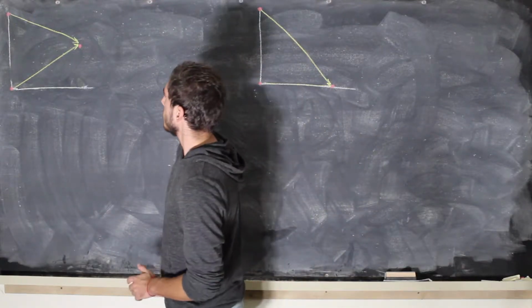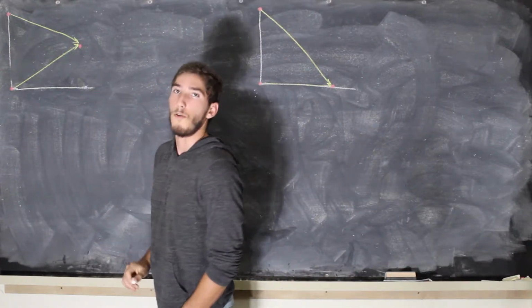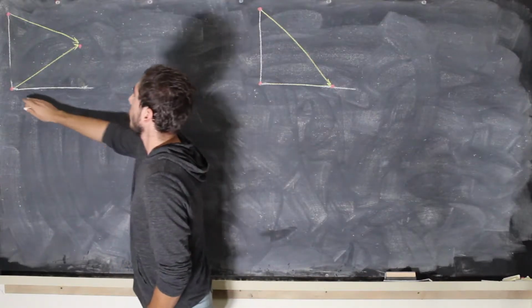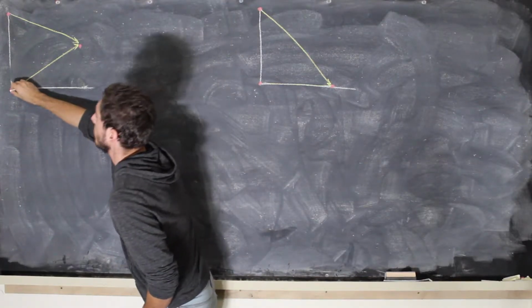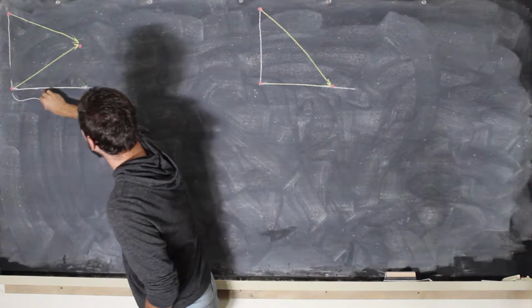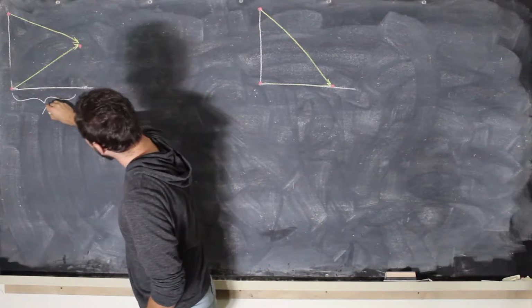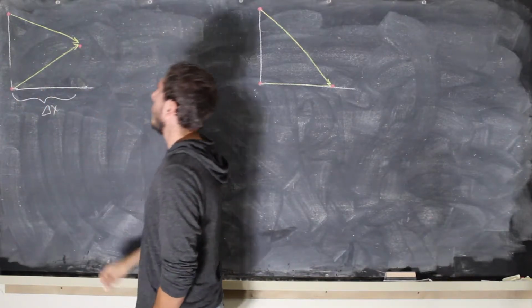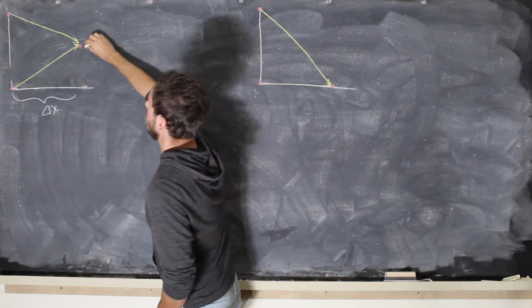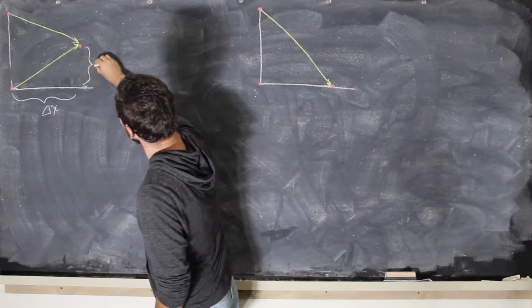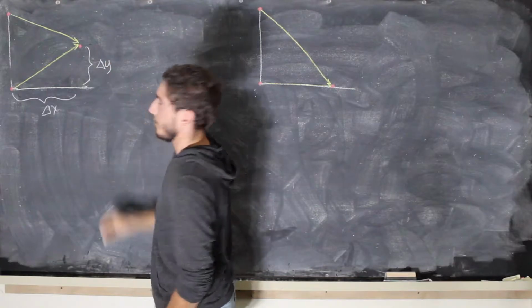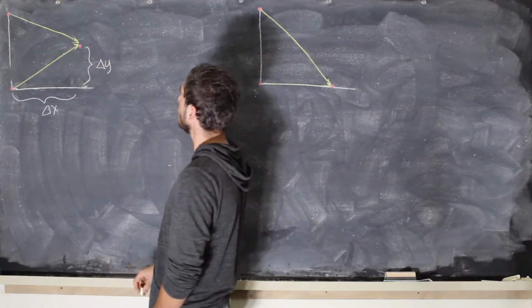And as we can see, the x component for the bottom line will be just the change in x. And the y component for this line will be the change in y.